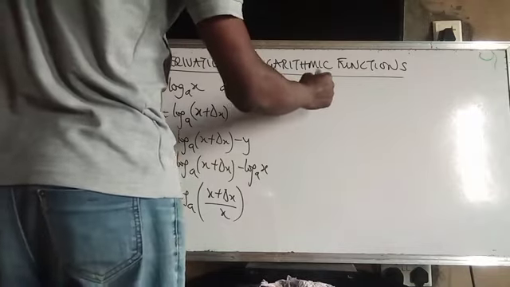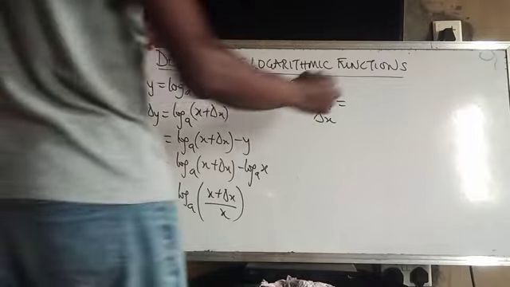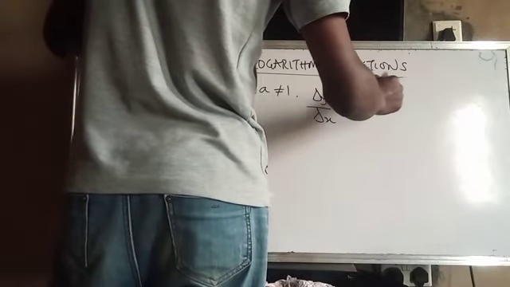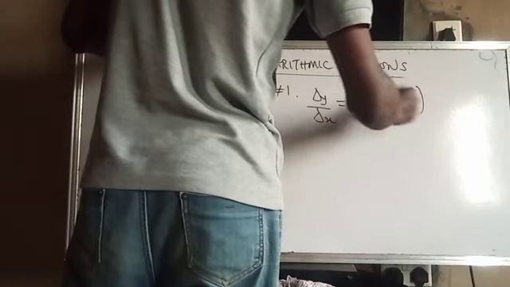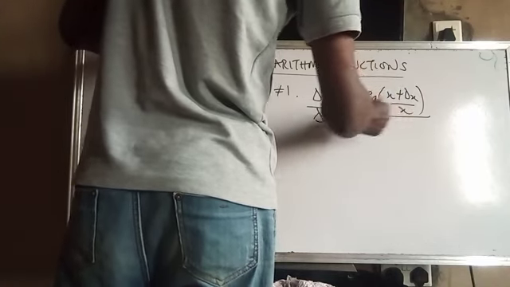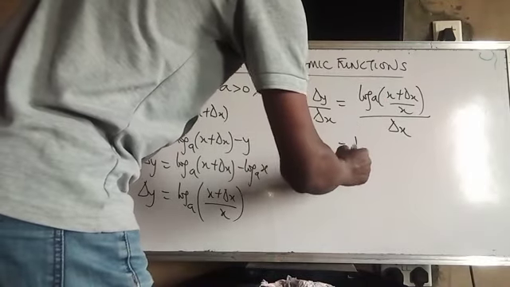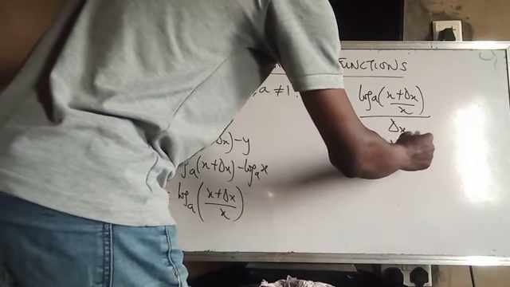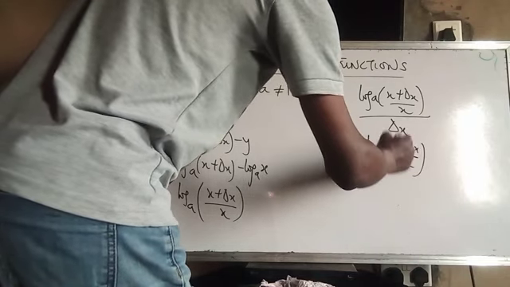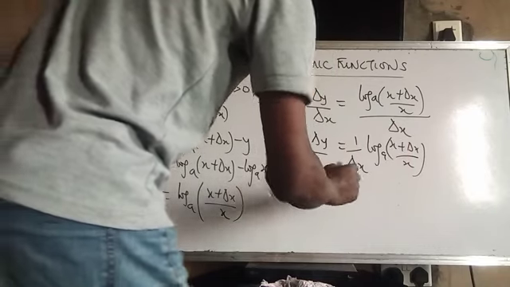So we have change in y all over change in x is equal to log of x plus change in x all over x, base a, all over change in x. So this one can be written as 1 over change in x times log of x plus change in x all over x, base a. Okay? Are we following?